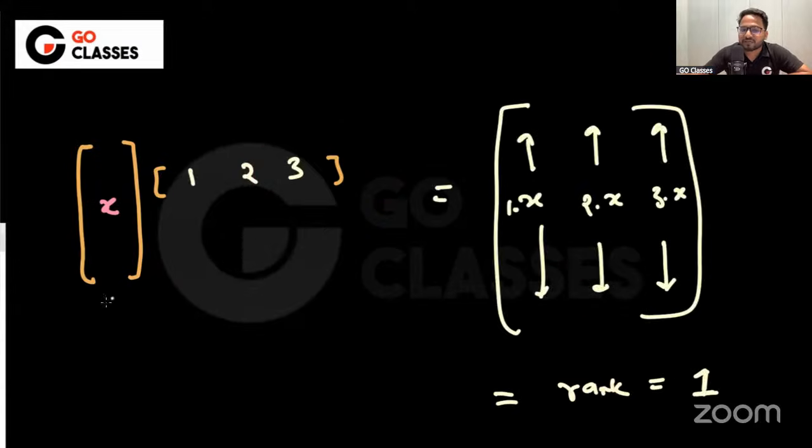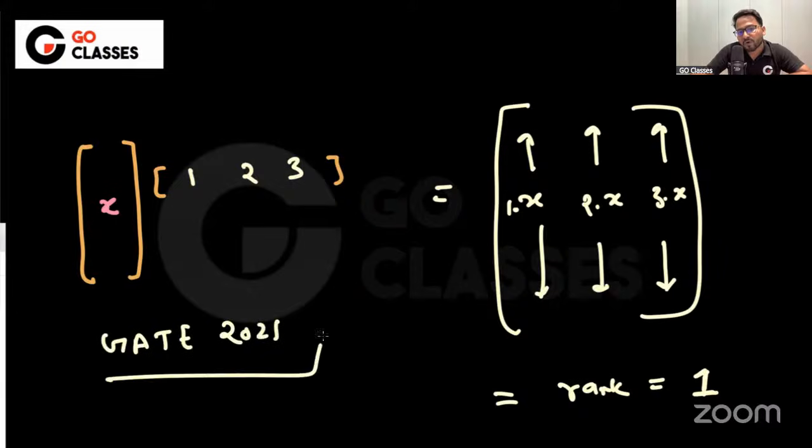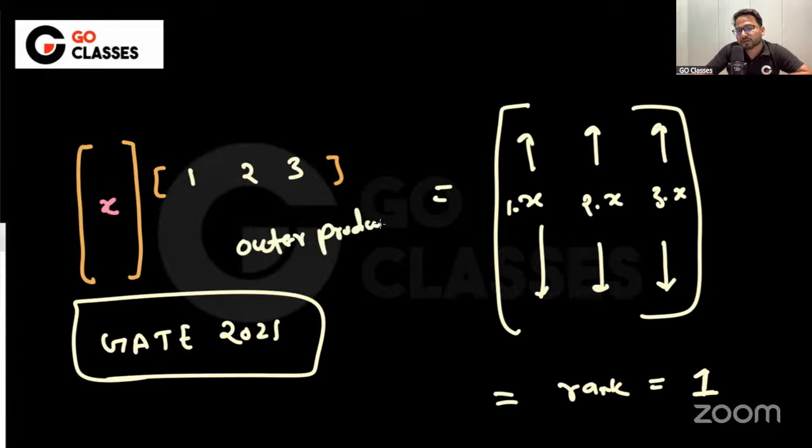In GATE 2021 they asked an almost similar question. This is called the outer product of vectors, which results in a matrix. If you do this outer product, you get only one linearly independent column, so the rank will finally be 1.